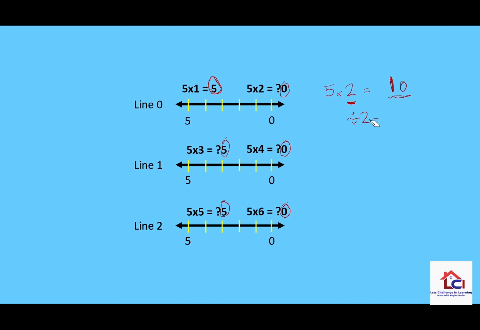So let's go and try this interesting fact. It's amazing. I told you, if you see any even number that is multiplied by 5, divide it by 2. 4 divided by 2 is 2.